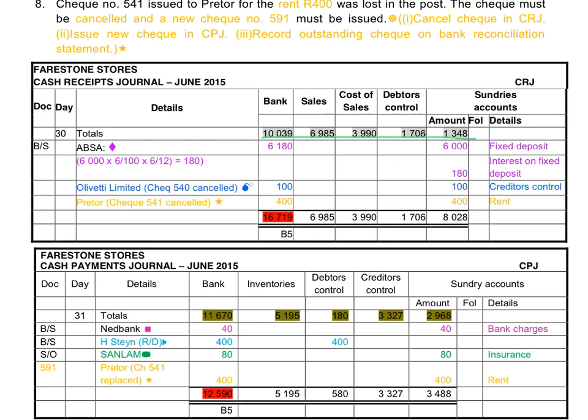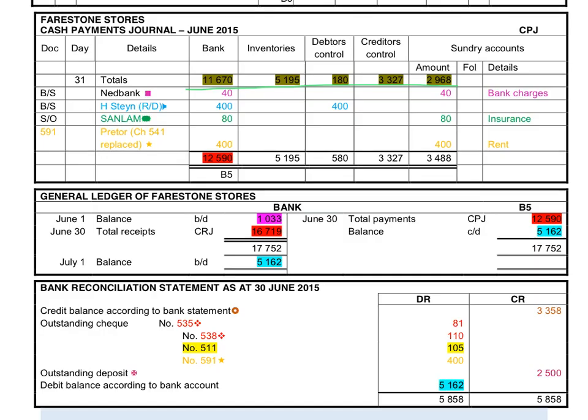The totals provided for the cash payments journal will be my opening totals in the cash payments journal. In the general ledger, we will start with the 1033 that we obtained from the previous bank recon, and in the bank reconciliation statement, we will start with the balance provided by the bank.